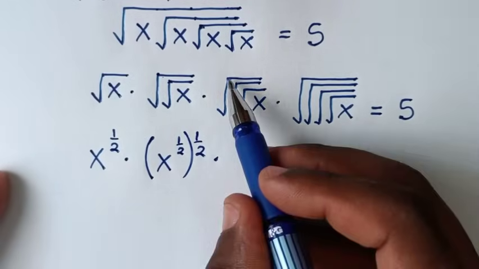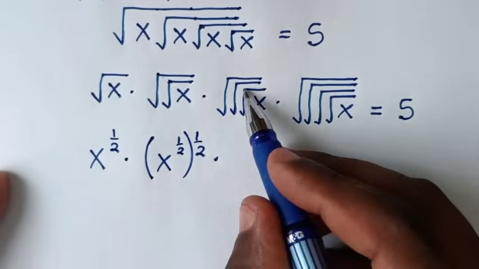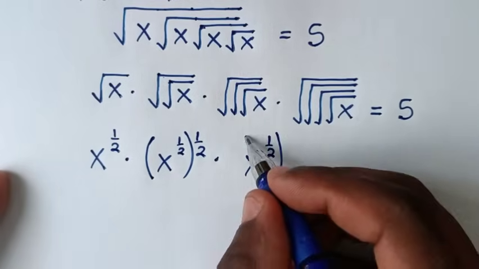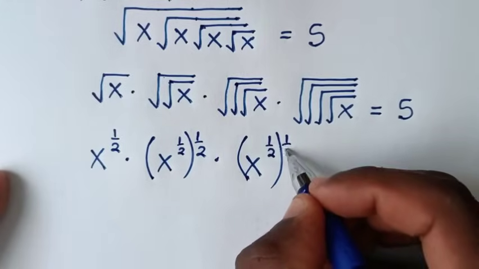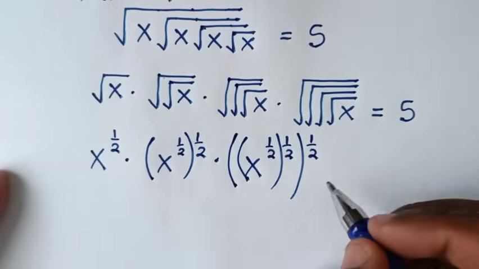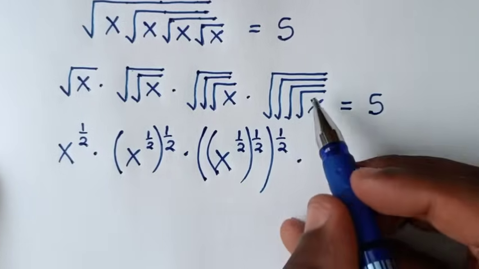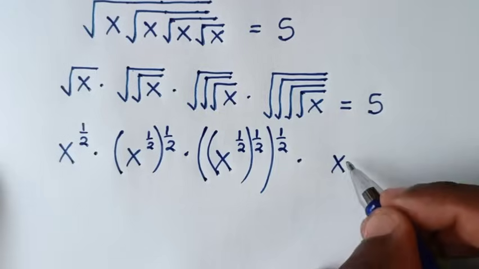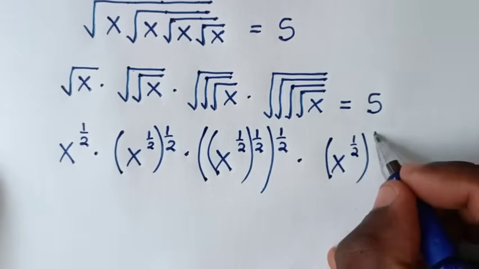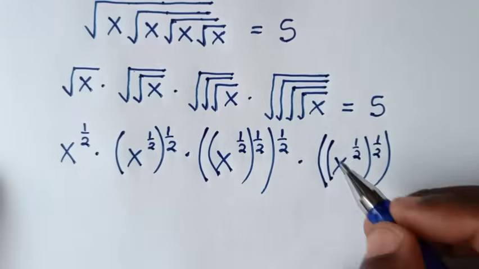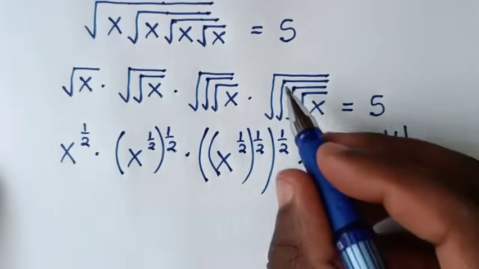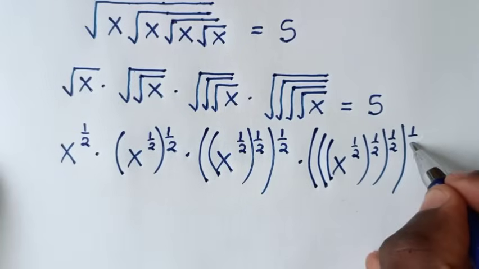Times here we have 3 square roots, so this square root of x is the same as x power of a half, then bracket for this square root is power of a half, then bracket again for this square root is power of a half, then times this square root is x power of a half, then bracket for this square root is power of a half, then bracket for this square root is power of a half, then bracket again for this square root is power of a half.